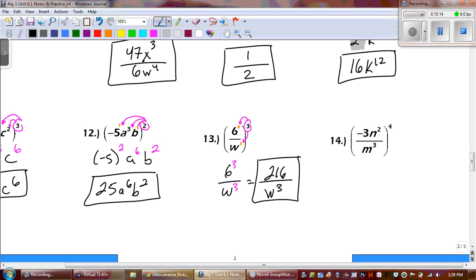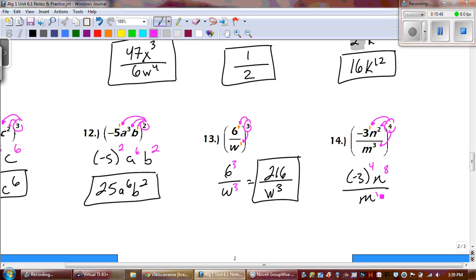Okay? And 14, once we start doing more problems like 19 and 20, or 13 and 14 in this case, you always want to see if you can reduce the fraction. And for these first ones, we can't. So thankfully, you don't have to worry about that. But what you do have to worry about is that you distribute that exponent to everything. Okay? So you have to distribute it to the -3, the n, and the m. So 4 times 1 is 4. 4 times 2 is 8.